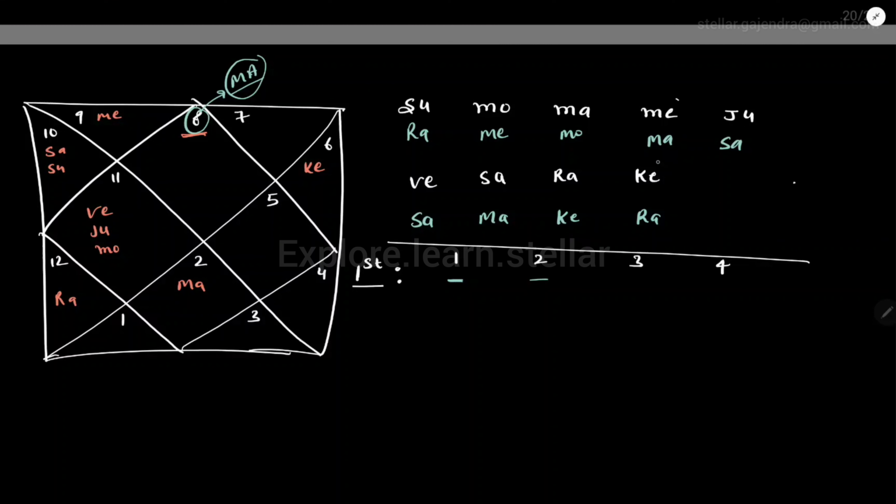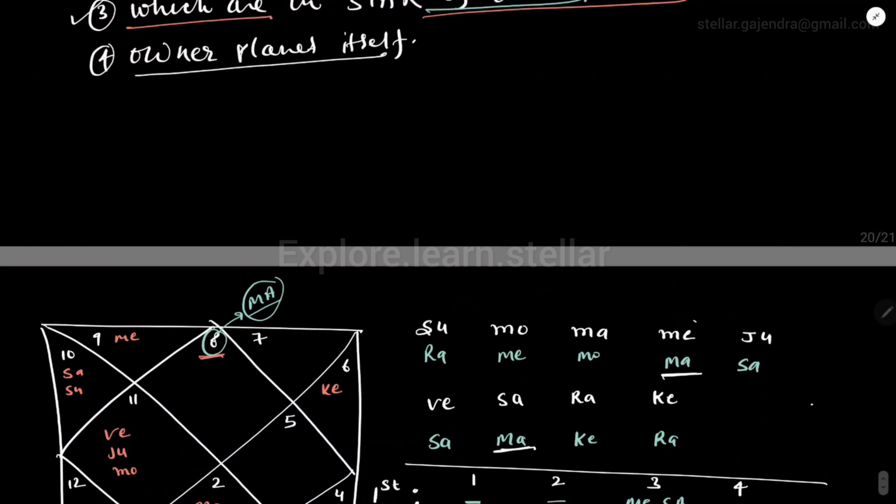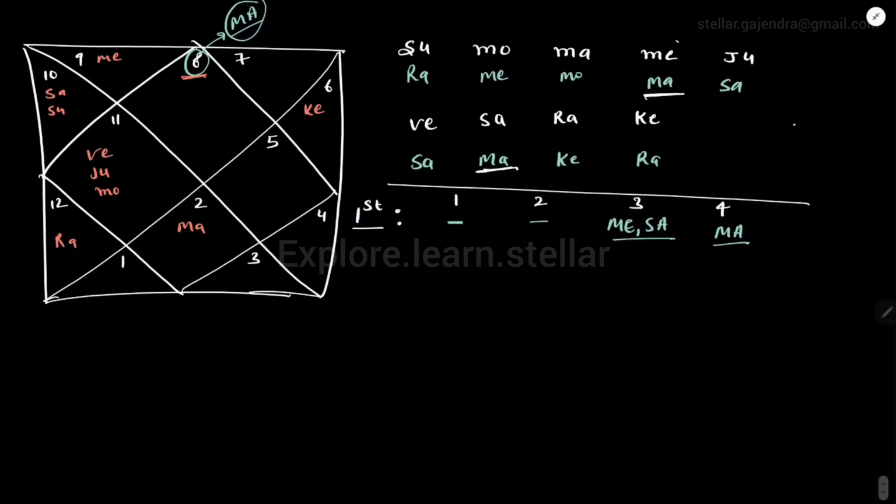In this list you will see Mercury is in the Mars star, and Saturn is in the Mars star. So at the third level, Mercury and Saturn will become the significators. And the fourth rule is for the owner planet itself to become the significator. So Mars is going to become the significator at the fourth level. So here for the first house, Mercury, Saturn, and Mars become the significators.